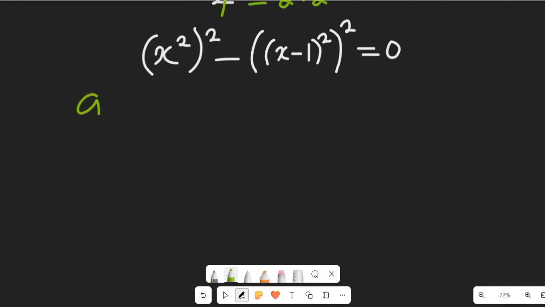Remember this rule in algebraic formula: if we have a squared minus b squared, this can be equal to (a plus b) times (a minus b).